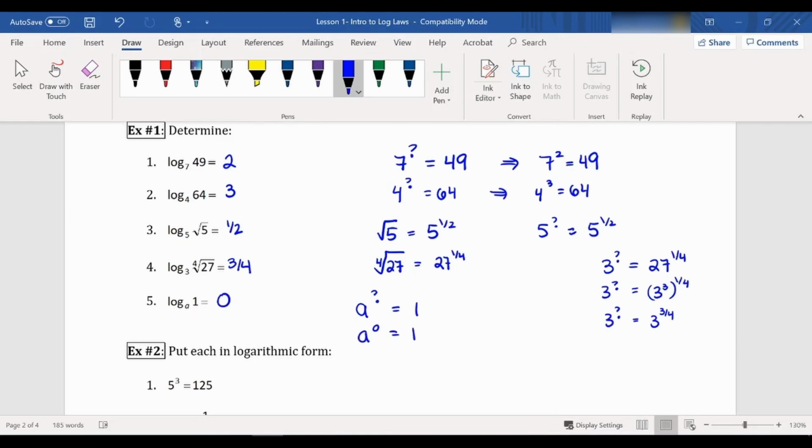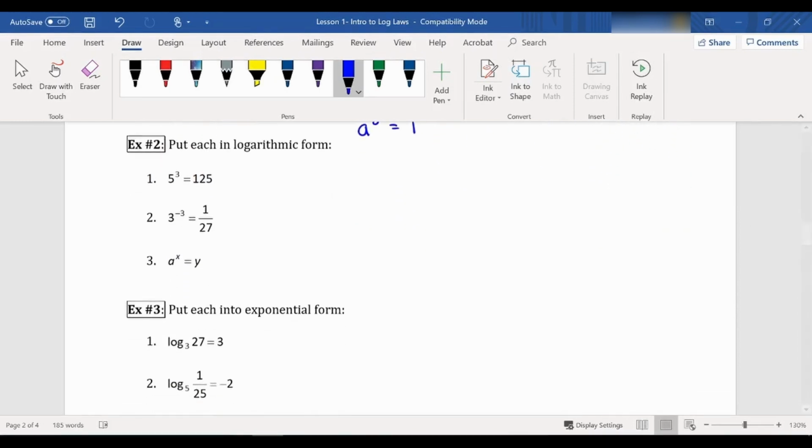Now, if we want to go in the opposite direction here and change forms, okay, what if I gave you the exponential form and I just asked you to write it in logarithmic form? So this is where we are going to need our little equation from the other side of the page.